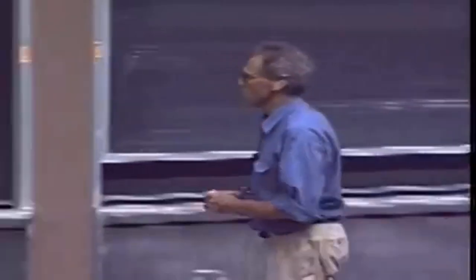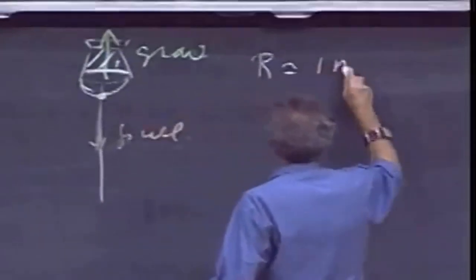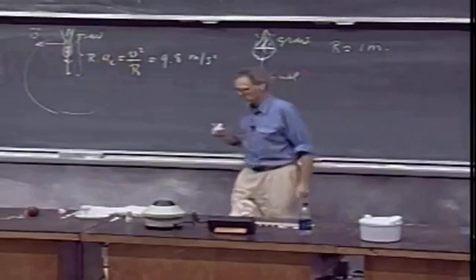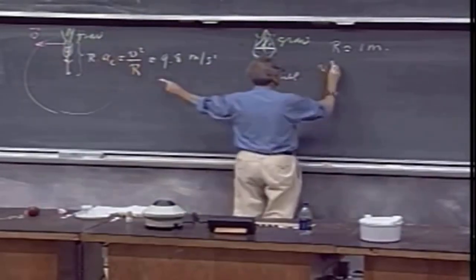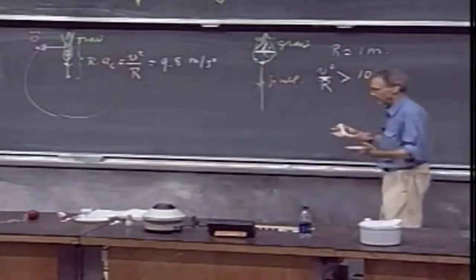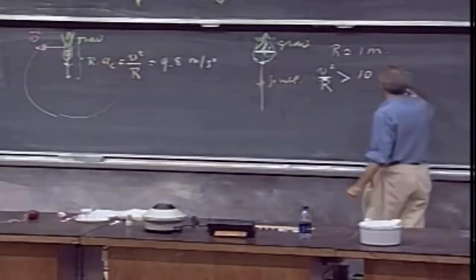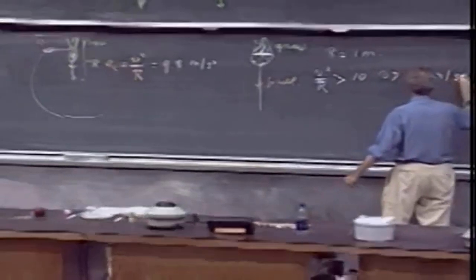I'll just round some numbers off. So R is about 1 meter. And I want V squared over R to be larger than 9.8. Let's just call it 10. So that means V has to be larger than about 3.2 meters per second.